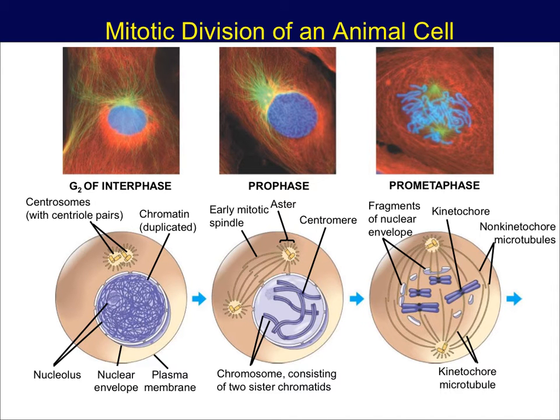So G2 of interphase, that's the last part of G2, where the cell is getting enough nutrients and everything together to divide. The centrosomes with the centriole pairs and the chromatin, all duplicated, all these different things are all set.